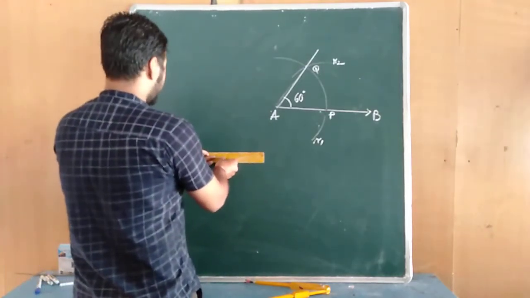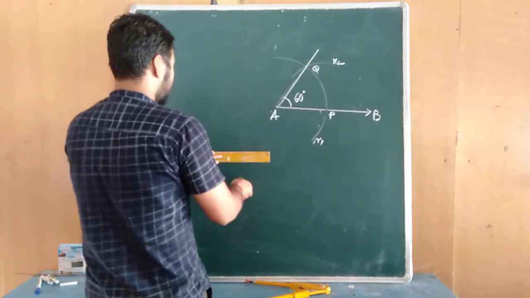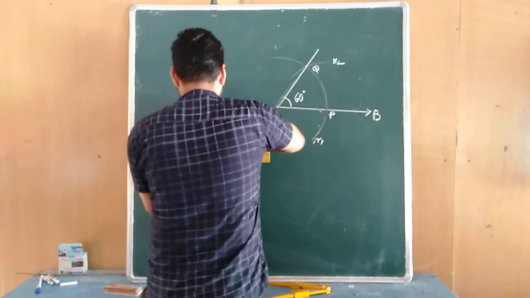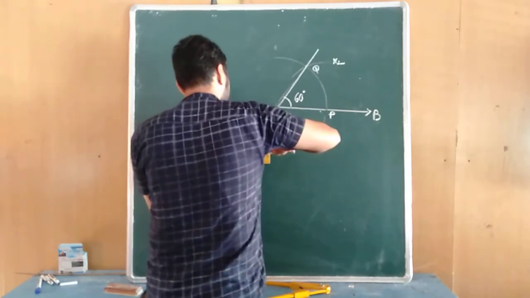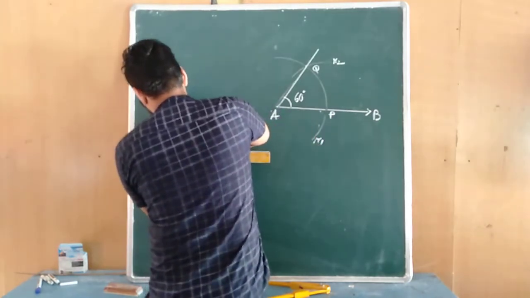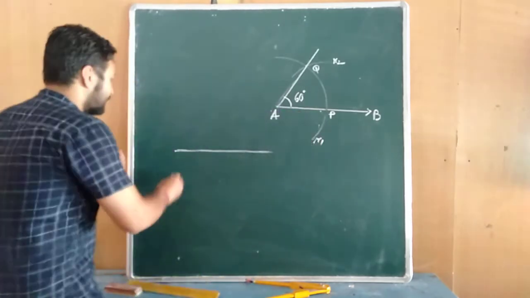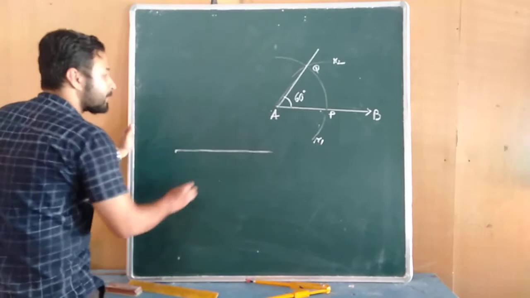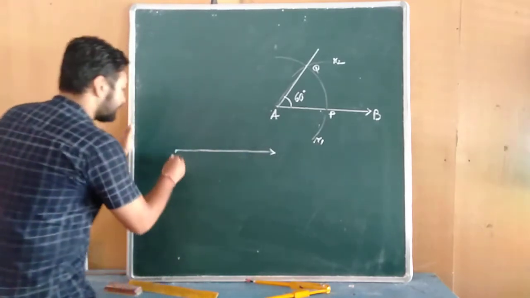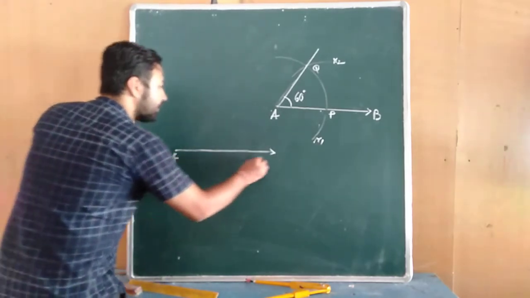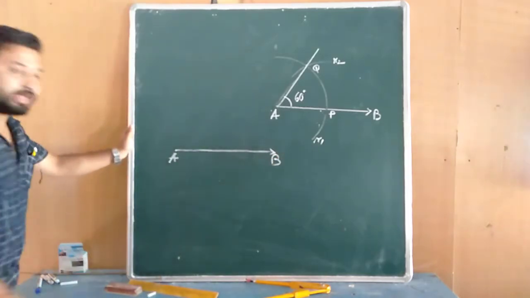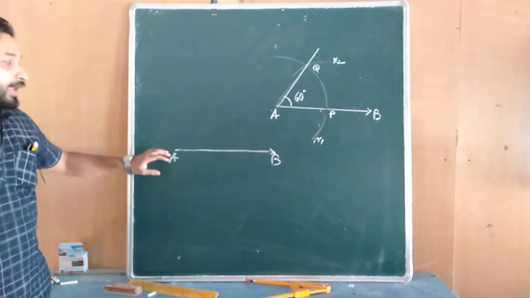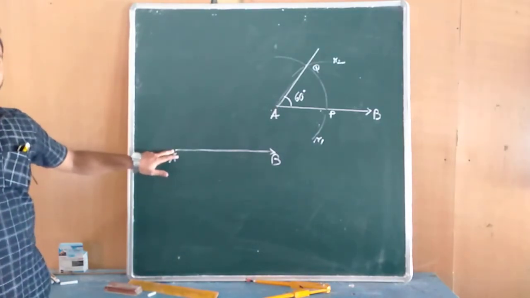Suppose we have a line segment AB. We need to draw an angle of 90 degrees at the initial point A.